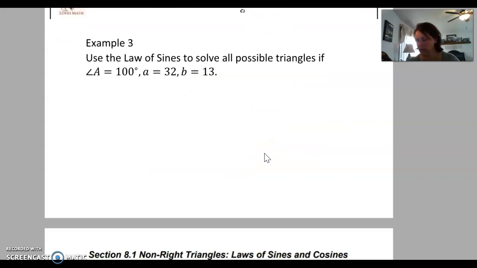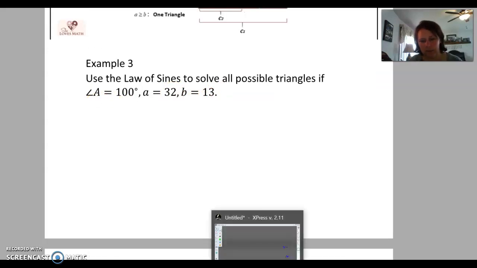Okay, so let's go on to example number 3. My notes here say: use the law of sines to solve all possible triangles if angle A equals 100, side A equals 32, and side B equals 13. So now we have the information they give us.